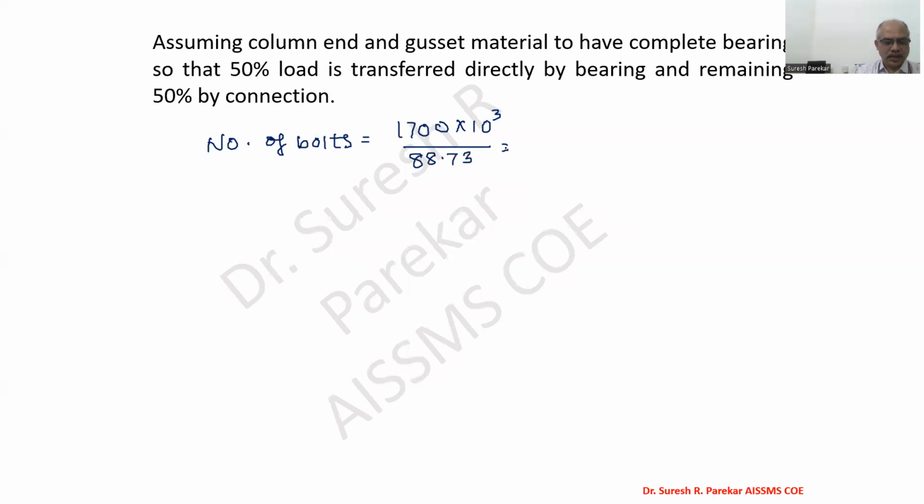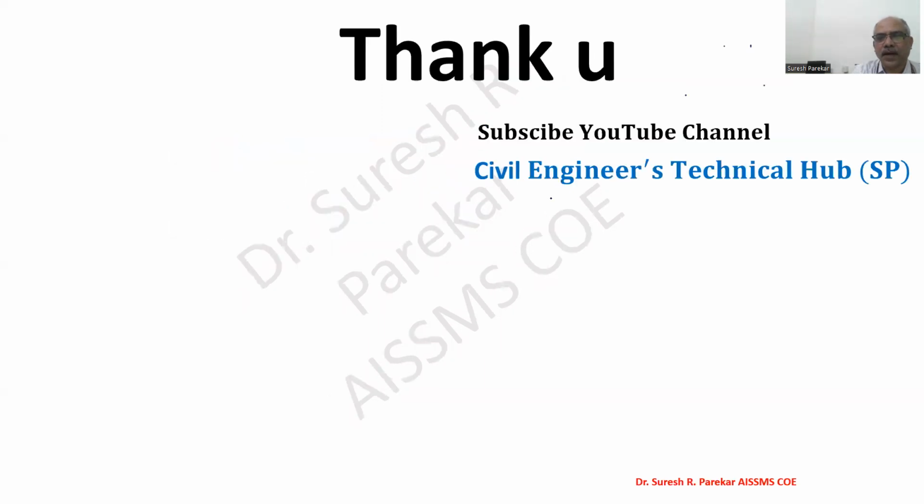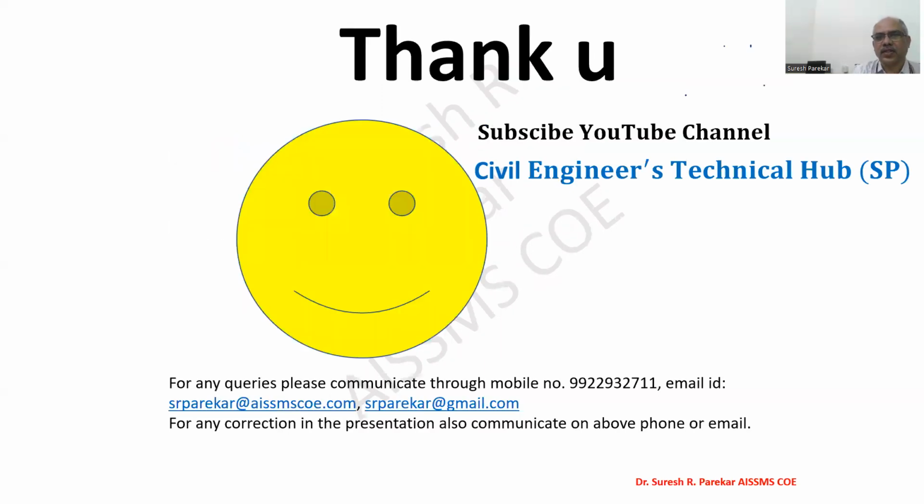So 1700 divided by 88.73 is 19.16. Therefore, provide 10 bolts on both sides. So this is all about your gusseted base. Now we will stop here only. The remaining part we will see in the next lecture. So thank you.